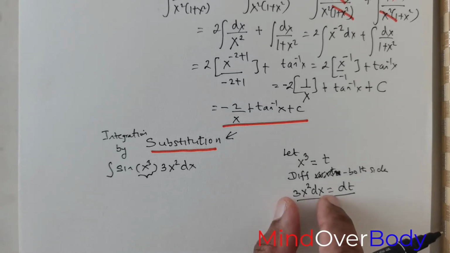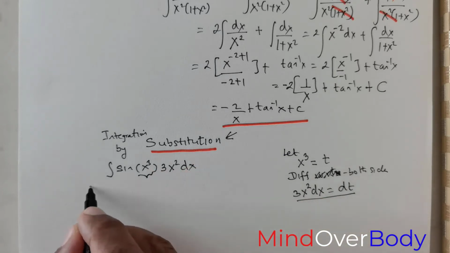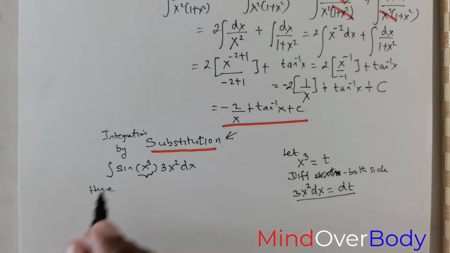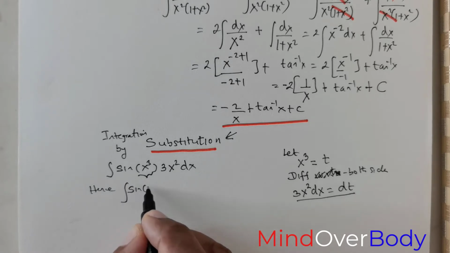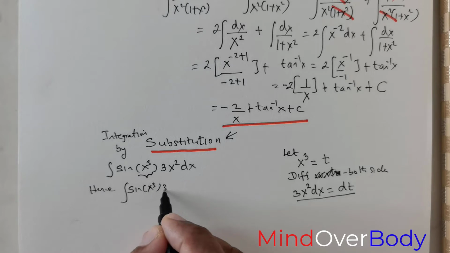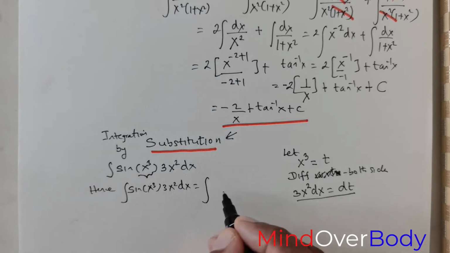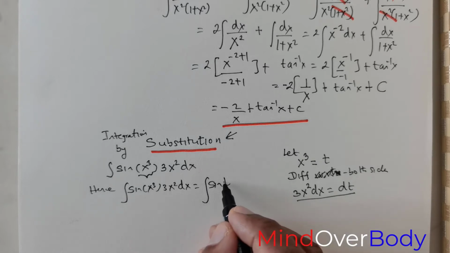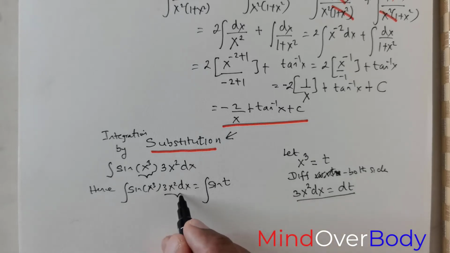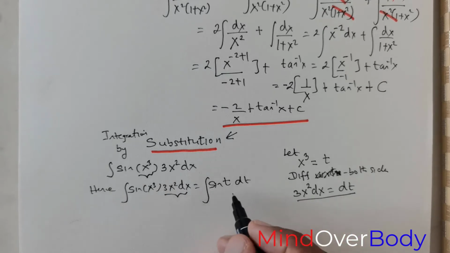Now you can clearly see 3 times x squared dx is featured over here. Hence the original integral of sine of x to the power of 3 times 3x squared dx is now rewritten as integral: in place of x cubed I place t, and in place of 3 times x squared dx I place dt. So this is nothing but integral sine t dt.